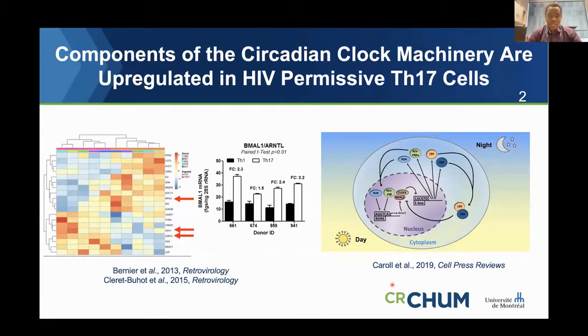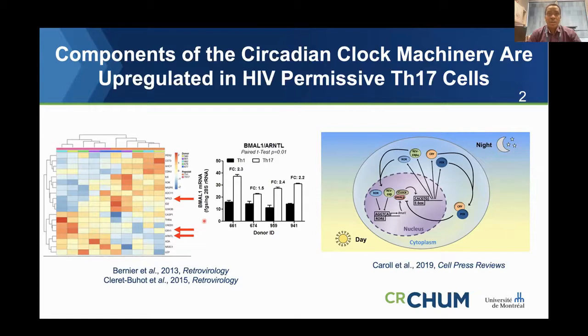Previous studies in our lab demonstrated that TH17 polarized CD4 T cells carry integrated HIV DNA in ART-treated people living with HIV and identified a unique molecular signature associated with HIV permissiveness in TH17 cells versus TH1.